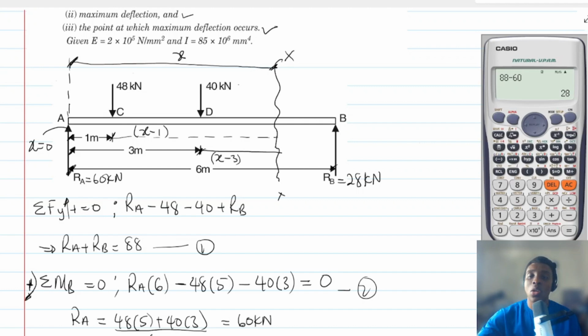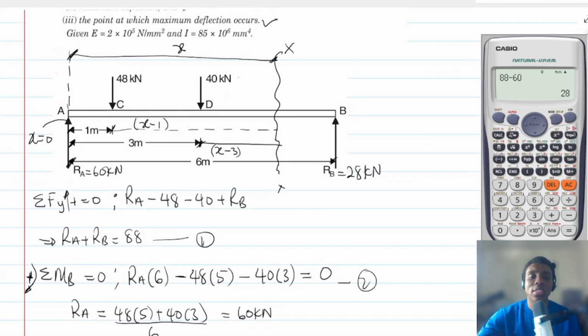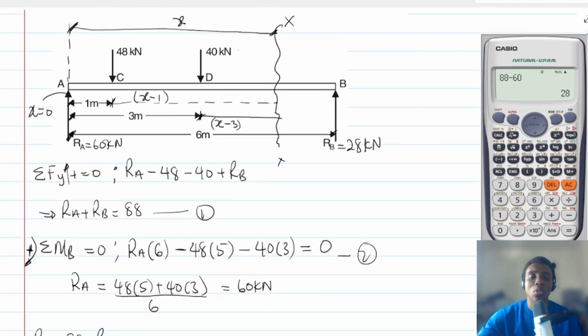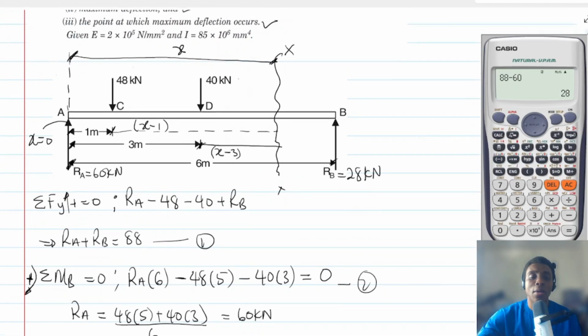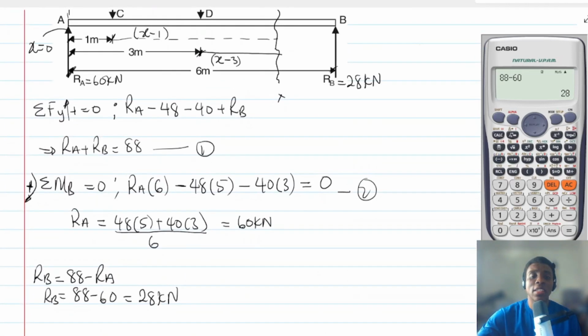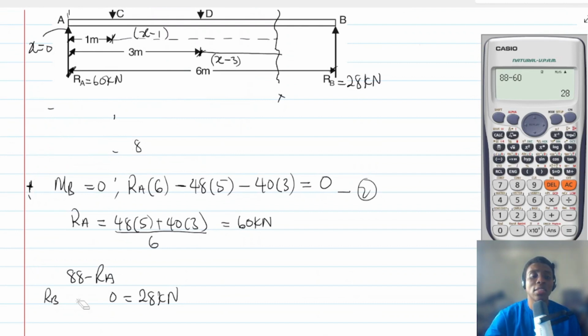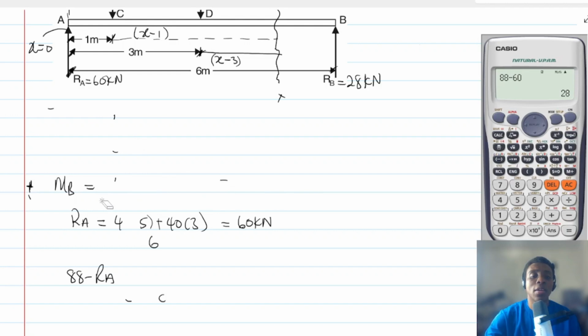Once you have gotten this, it's going to be simple and straightforward. Now, maybe I can clean the reaction because we've gotten it already. So I will clean the reaction forces, and then we will begin coming up with the deflection.